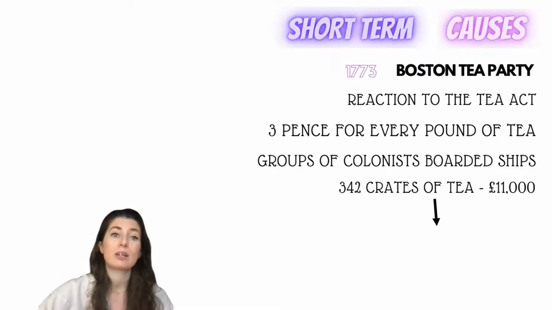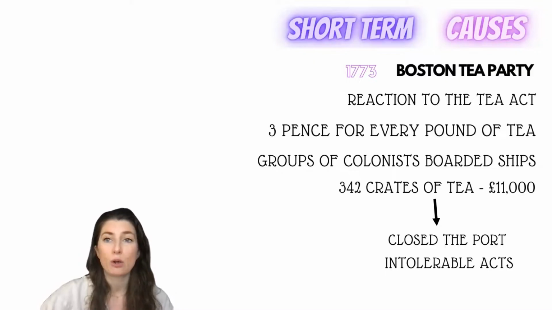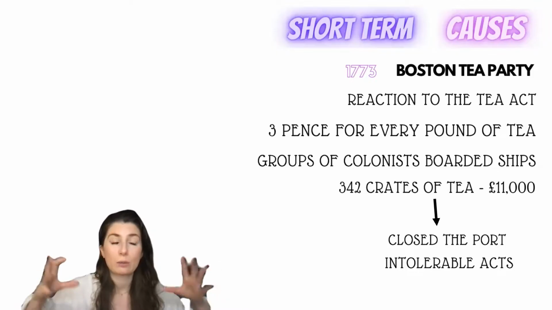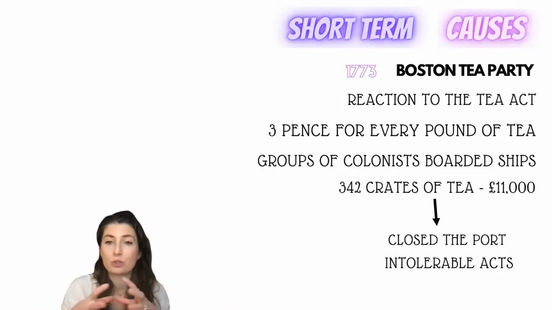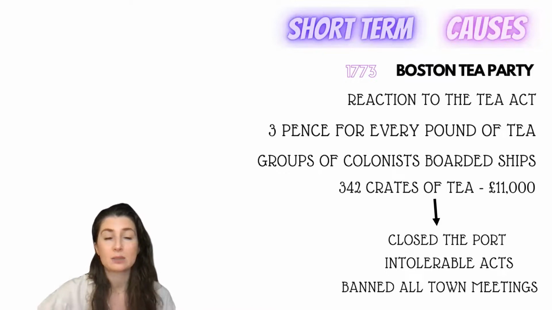Now, as a reaction to this, the British immediately closed the port and said, we're not going to reopen it until you pay the money back. They also passed the Intolerable Acts, which were a series of acts which allowed or should have allowed Britain to tighten their control of America. One of the things that happened in the Intolerable Acts was that all town meetings were banned.